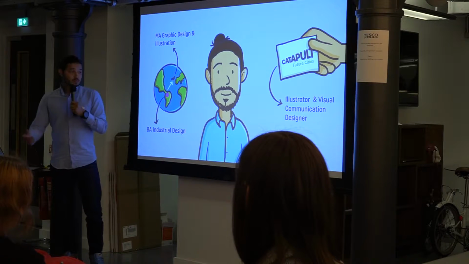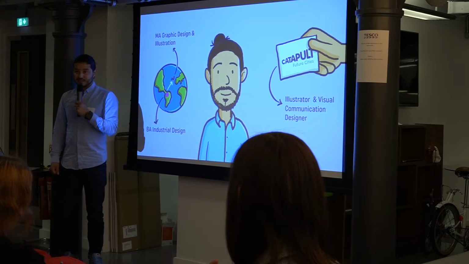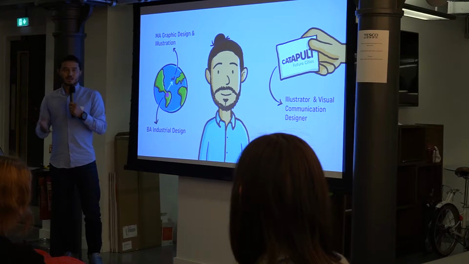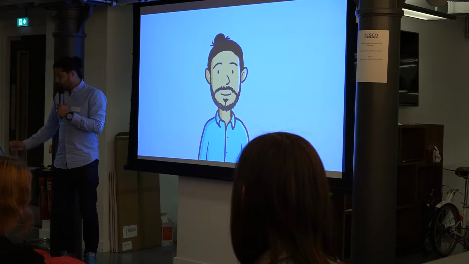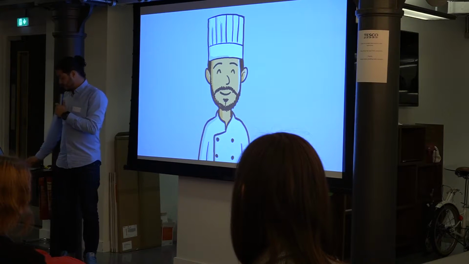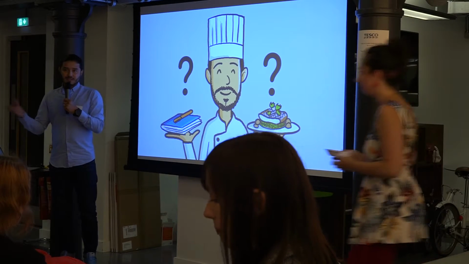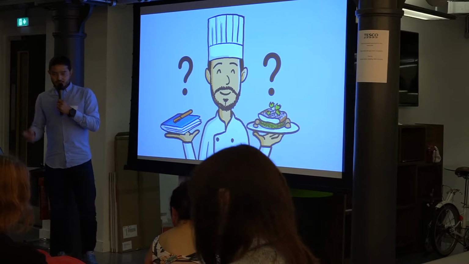And my role, what my business card says, is illustrator and visual communication designer. So to explain to you a little bit more what it is in a more engaging way, I see myself as a chef. You might be thinking, but what has cooking got to do with visualization?